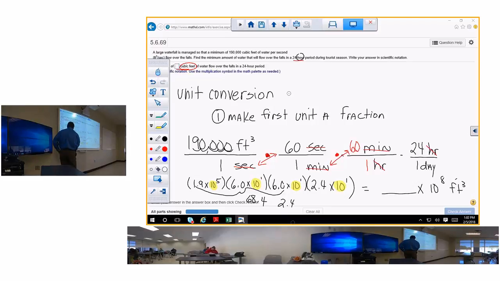And then 10% of 68.4 is 6.84. So 6.84 times 4 is going to be 273.2.